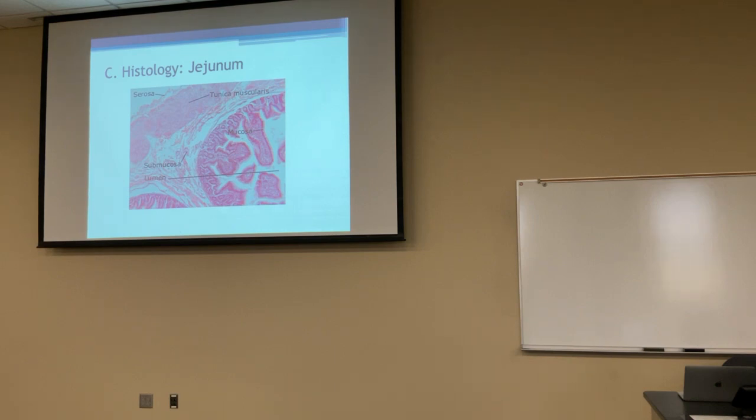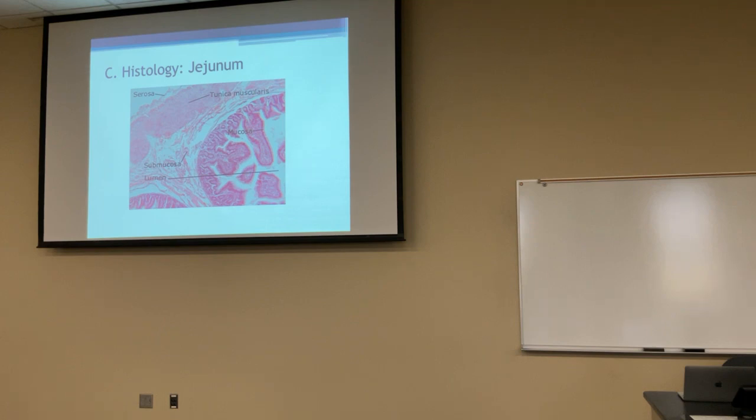This is the mucosa down here, which contains a simple columnar epithelium. Then this more diffuse layer up here is the submucosa. The one thing that's unique about the submucosa of the jejunum is there's nothing unique. There's just connective tissue in there, and maybe a few blood vessels, and that's it.